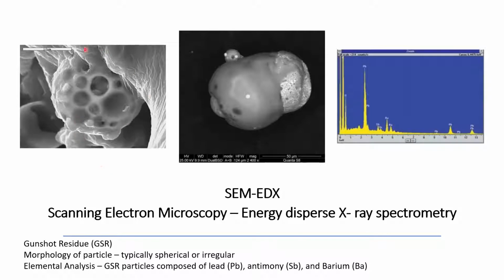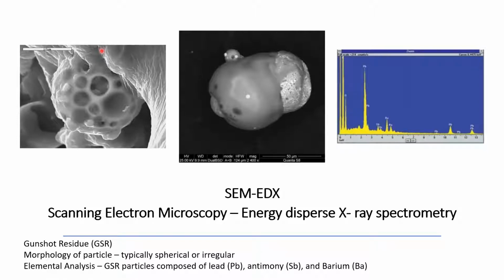So this microscope would be great at showing the morphology of the particle. So it's typically spherical, but it can also be irregular. And the spherical particles are typically 0.5 micrometers to 5.0 micrometers in diameter, so that is extremely small.